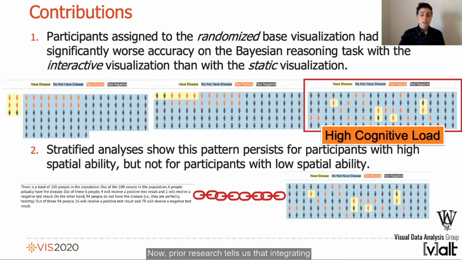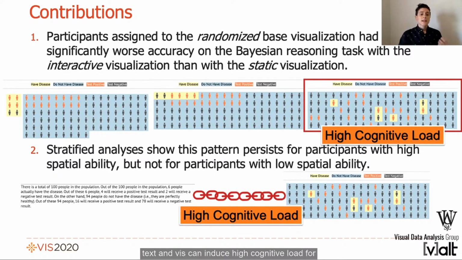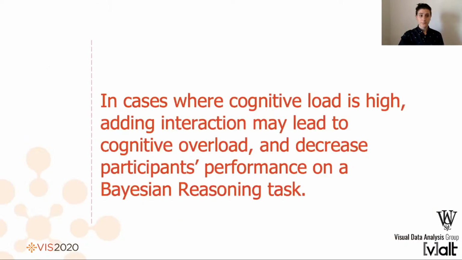Now, prior research tells us that integrating text and viz can induce high cognitive load for people with high spatial ability in particular. We believe that's why we see a decrease in accuracy for high spatial ability folks when they're given the interaction, but not for low spatial ability folks.